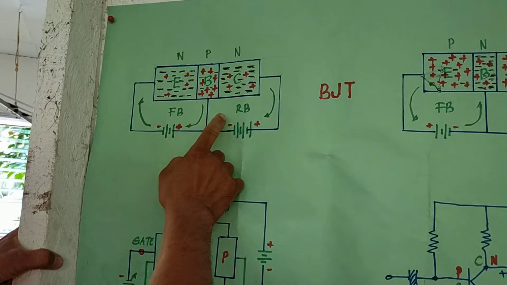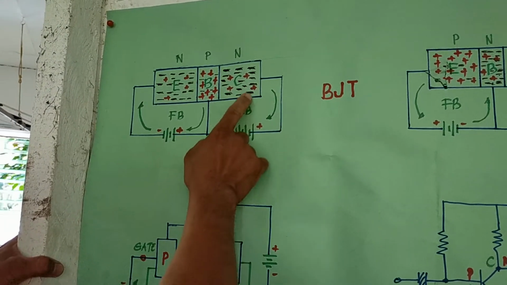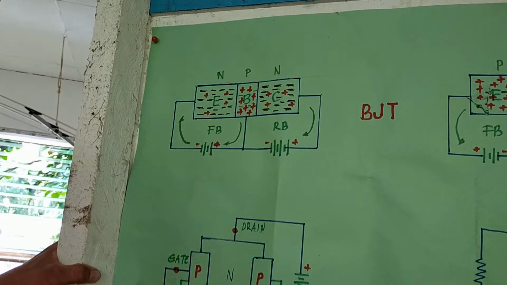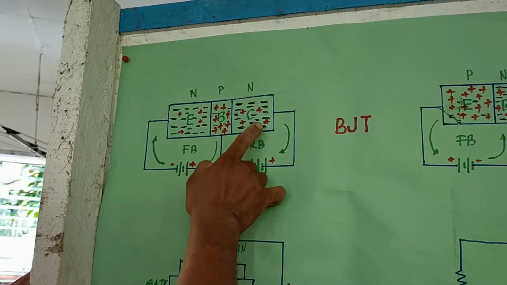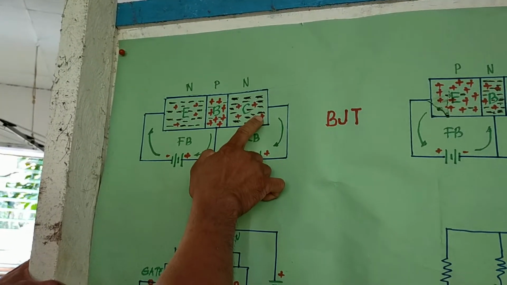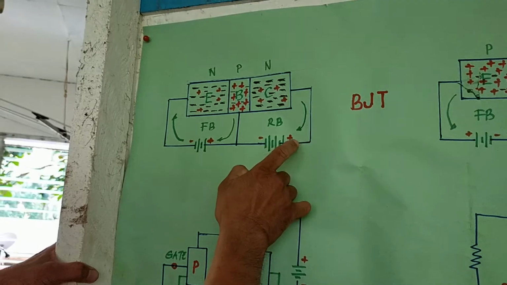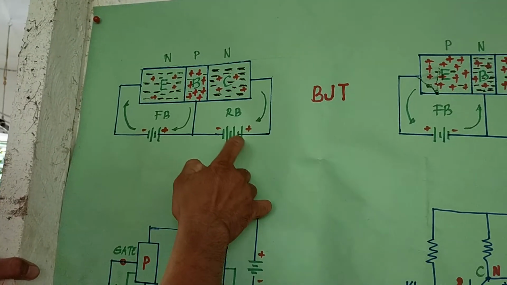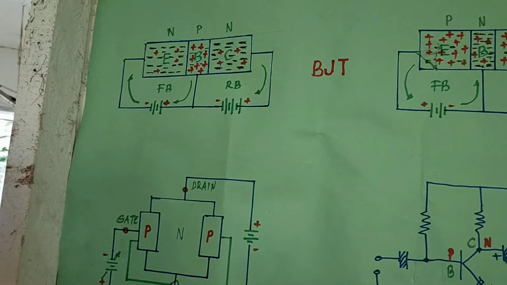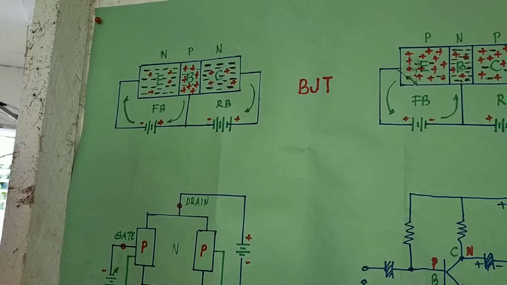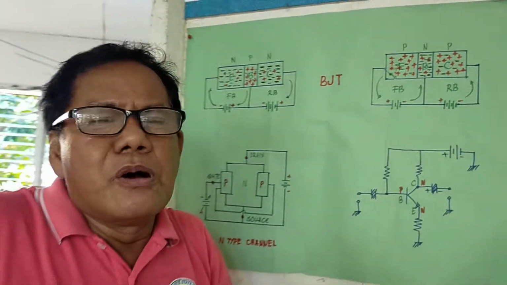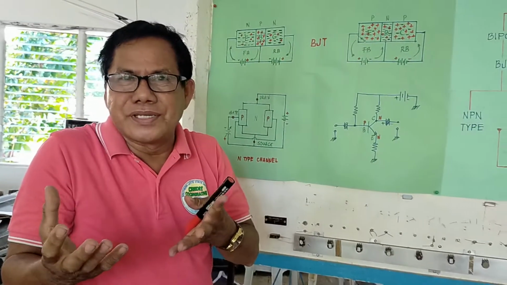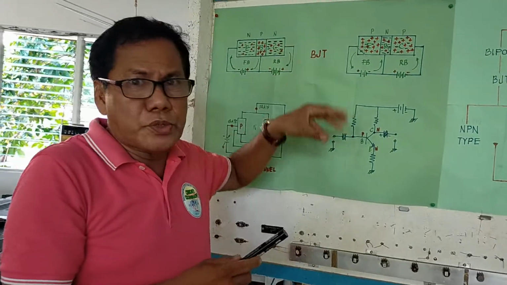Whereas here, actually, that is the flow of the minority carriers, because it is forward bias for the minority carriers. Holes are in the correct polarity with the power supply here. So there is still a flow of minority carriers during this condition. So a bipolar junction transistor works with minority carriers and majority carriers. That's why a bipolar junction transistor is noisy compared to unipolar.